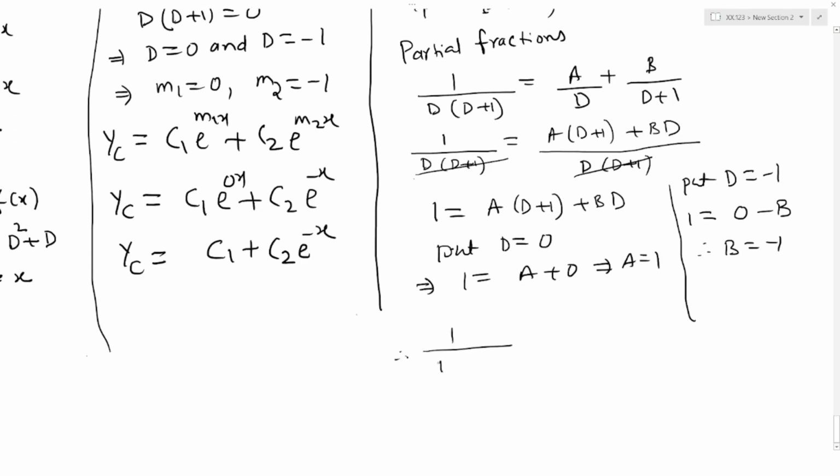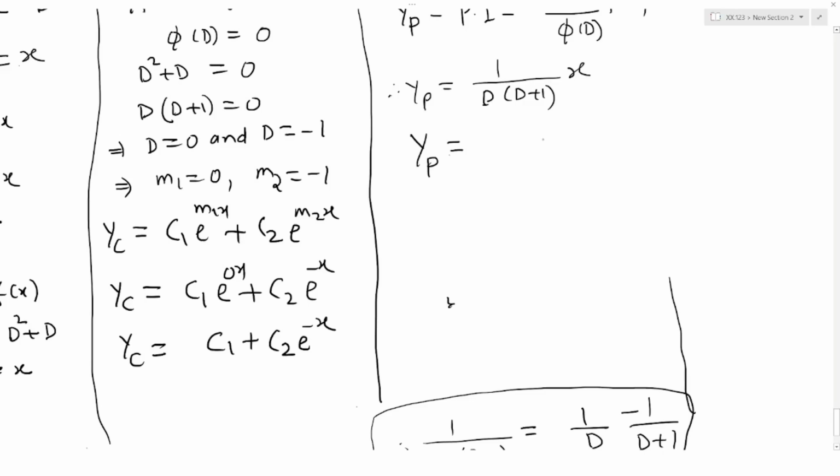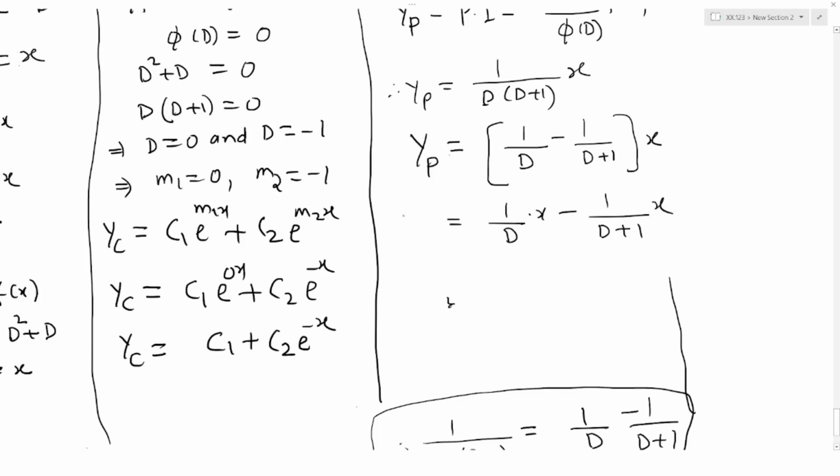Therefore 1 upon D(D plus 1) equals 1 upon D minus 1 upon (D plus 1). These are the required partial fractions. Therefore we can write yp equals (1 upon D minus 1 upon D plus 1) into x, that is 1 upon D into x minus 1 upon (D plus 1) into x.